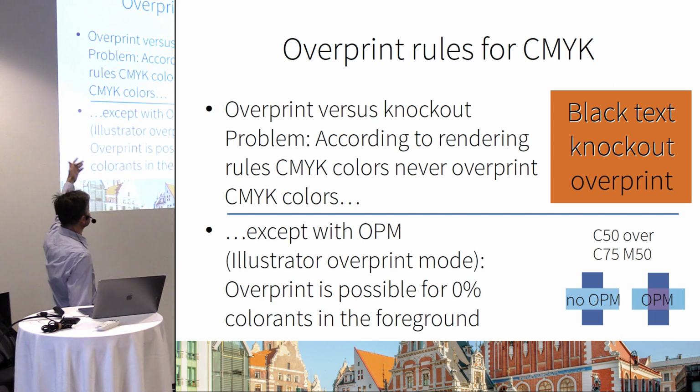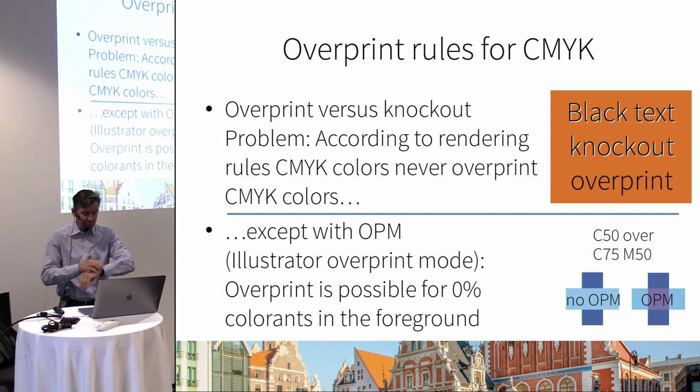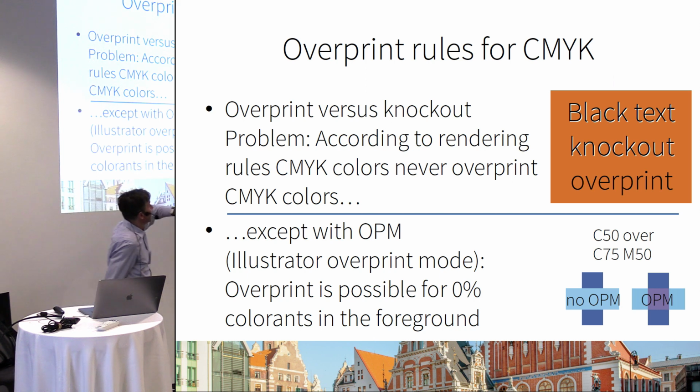Now on this slide, I want to explain the differences between CMYK and spot color when it comes to overprint. You can see that in an example over there. In the upper part of the image, the black text knocks out, which means behind the black there is white. So the orange patch is being knocked out, which leads to registration problems when printed.